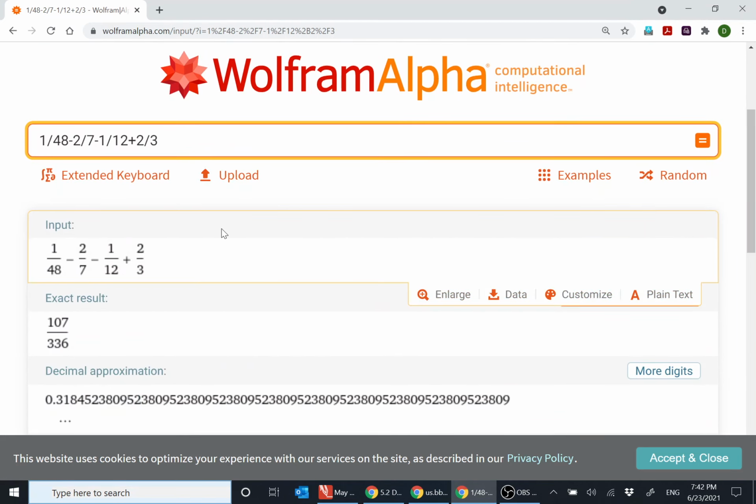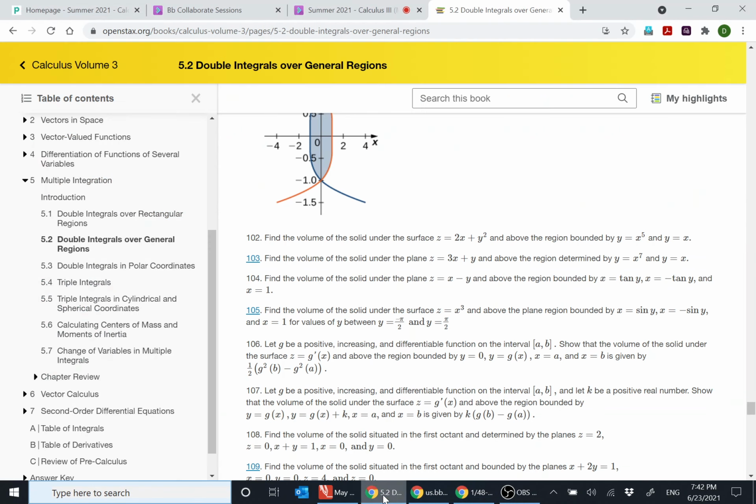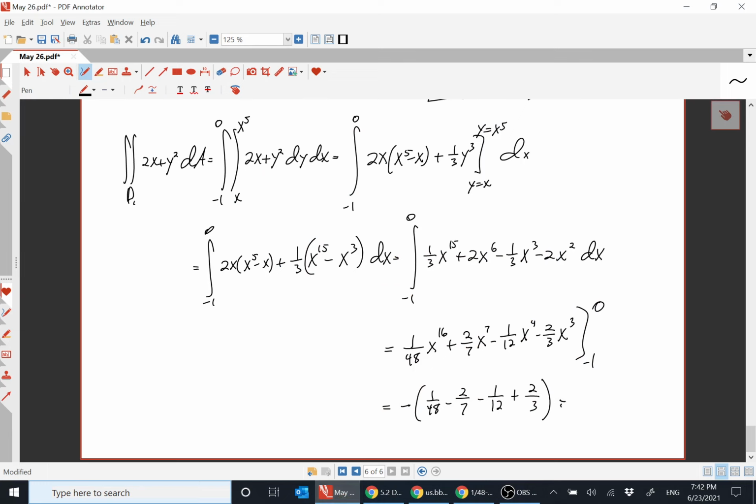That's 107 over 336, well, minus 1 over 7 over 336.